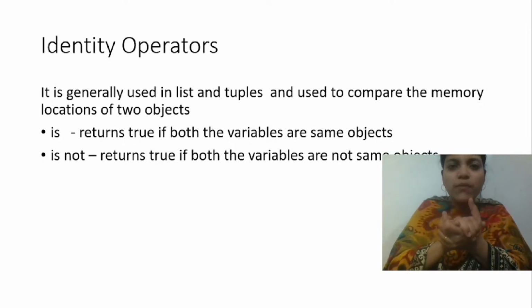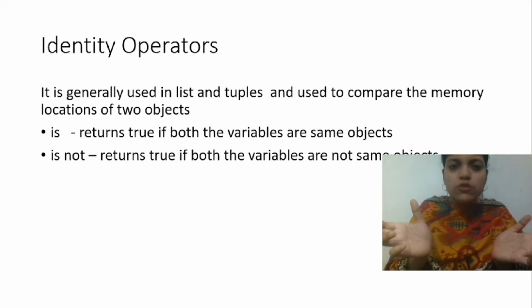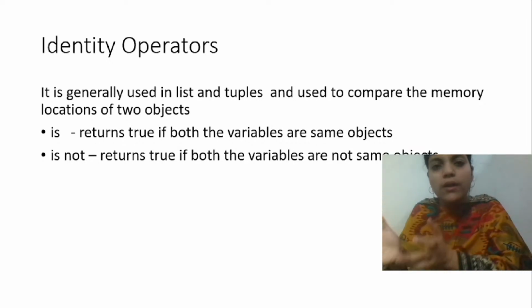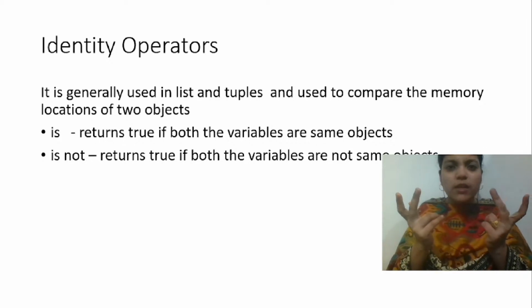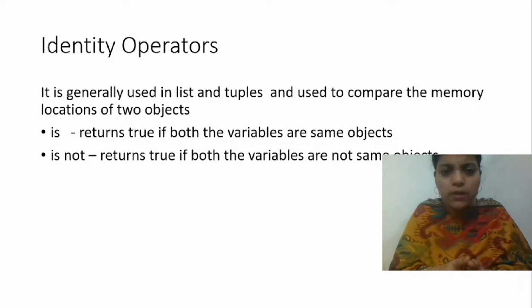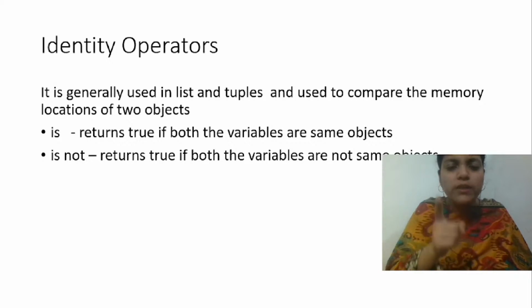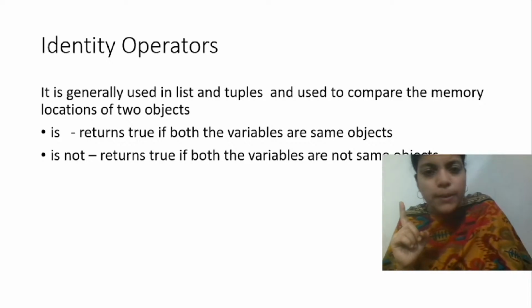Any variable holding more than one value is called a data structure, list or tuple. There are differences between list and tuple, but I don't want to waste time on it today, since we have one complete session only on list and tuple coming up next week.